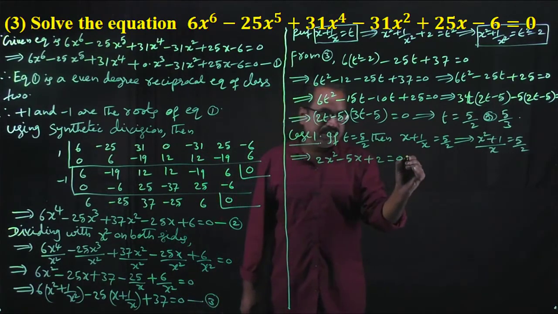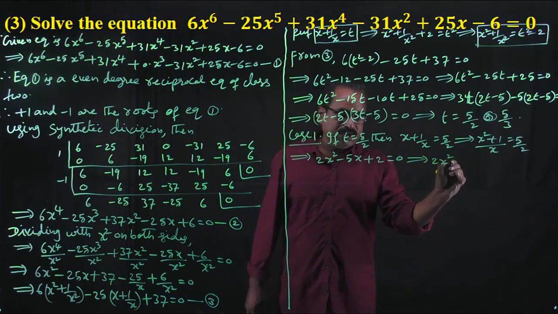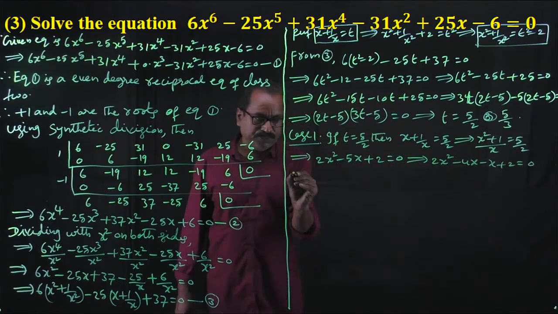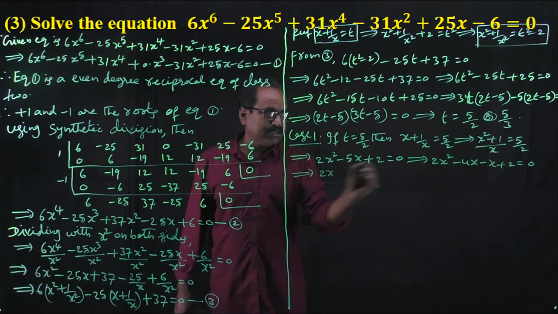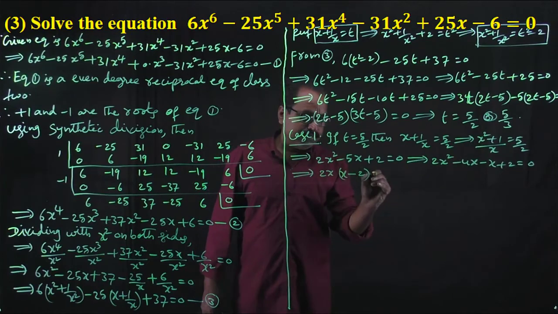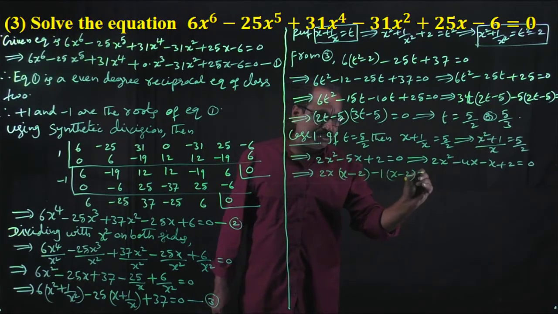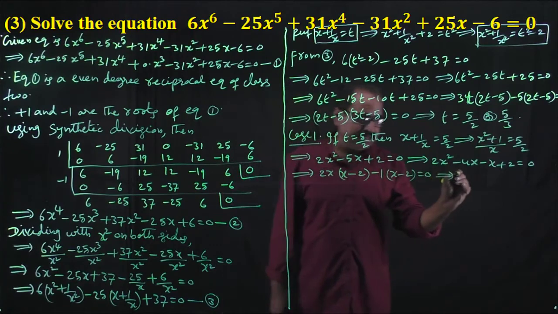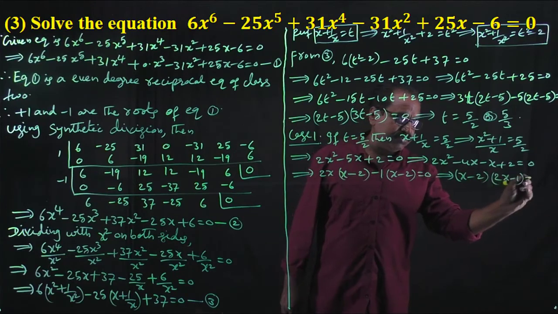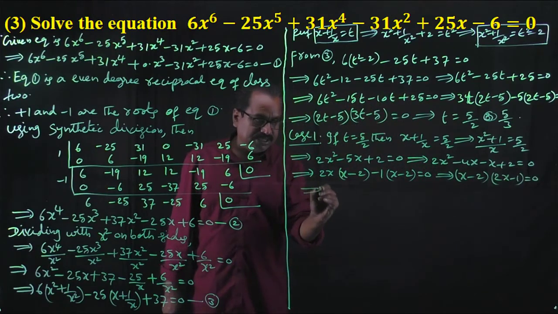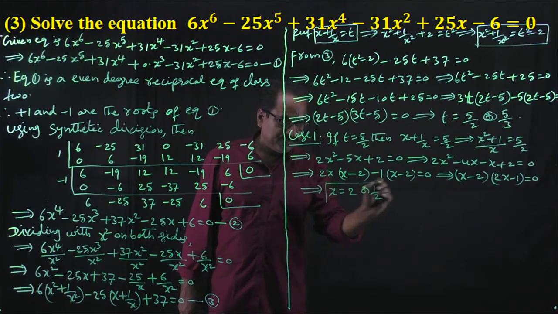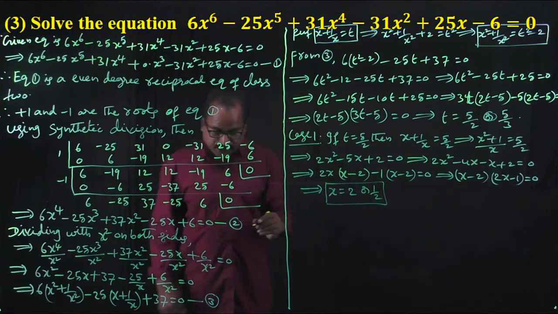So factors are 2x square minus 4x minus x plus 2 is equal to 0. Here 2x is common: 2x into x minus 2, minus 1 into x minus 2 is equal to 0. So x minus 2 into 2x minus 1 is equal to 0. This implies x is equal to 2 or 1 by 2.